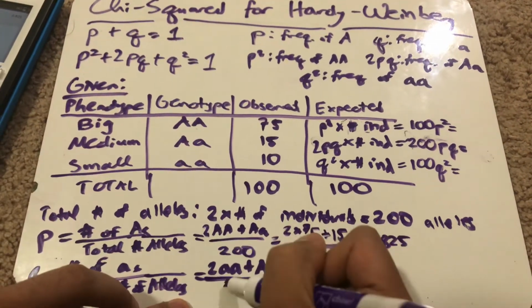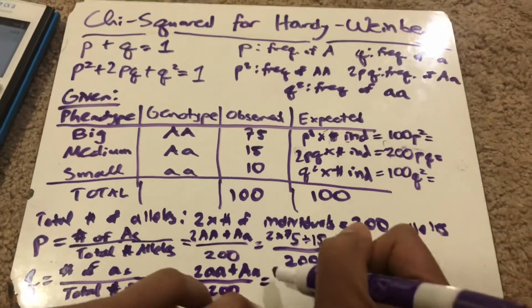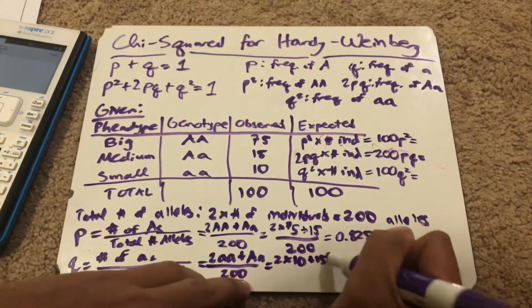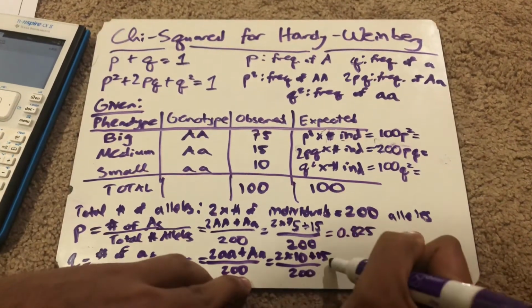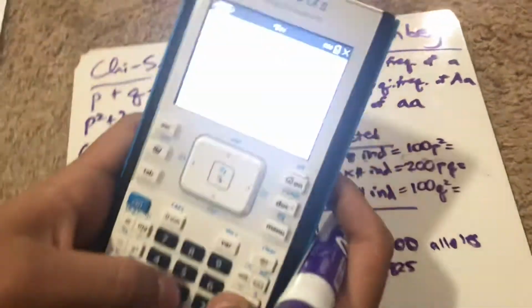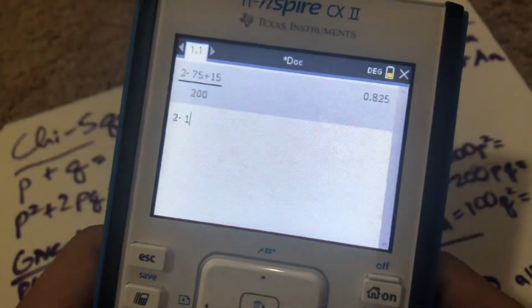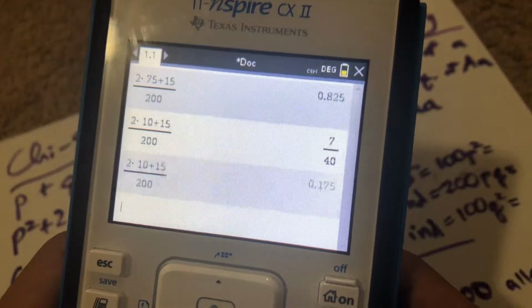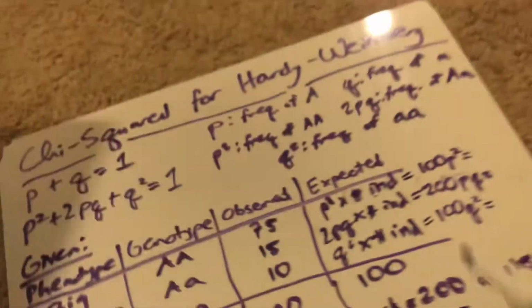And of course, we divide by 200 since that's the total number. That's going to equal 2 times 10 plus 15 over 200. I'm going to put that in my calculator, and we get 0.175.